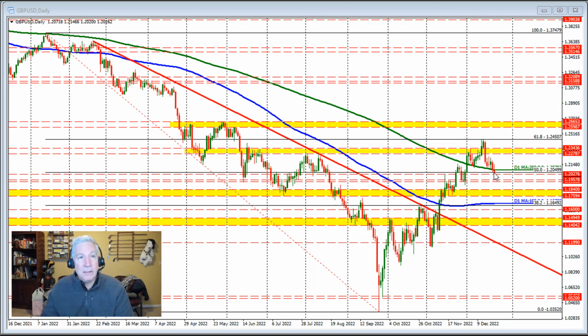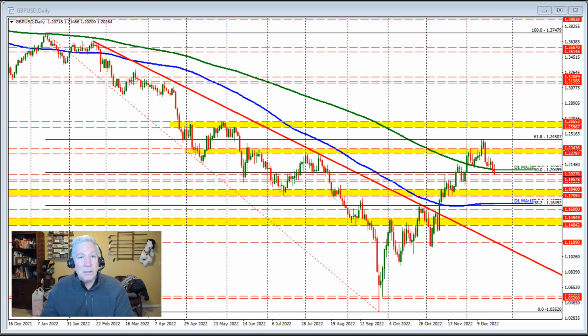Then it rotated to the downside further in trading today, moving below the 50% retracement for the first time since this day right here, and that keeps the bearish bias. We're currently trading at 120.26, which is near the lows for the day, and further away from the 200-day moving average and the 50% retracement level.